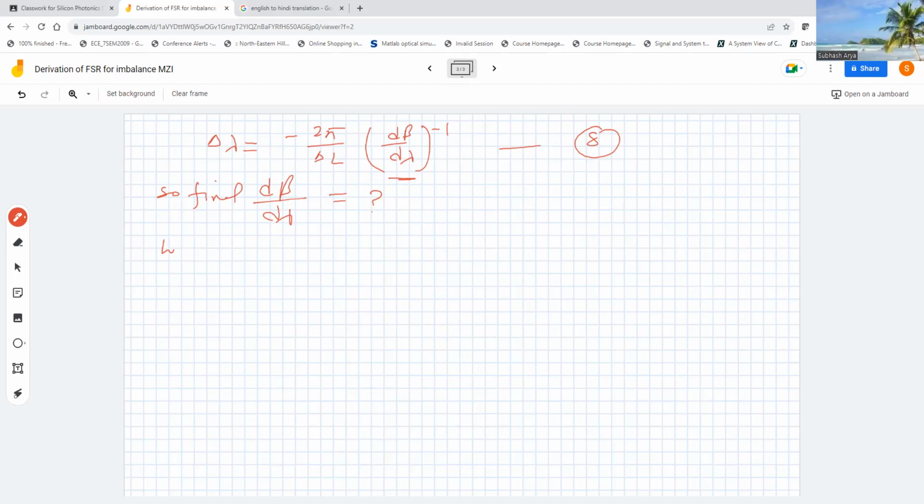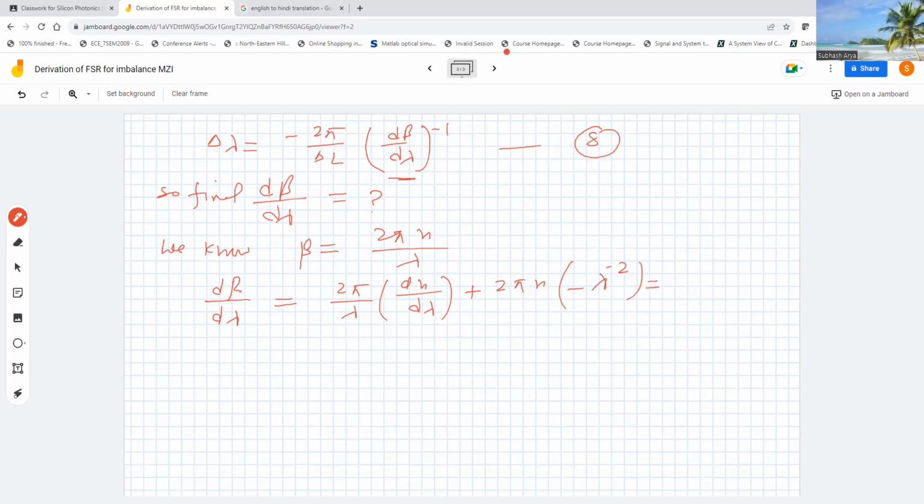We know beta is equal to 2 pi n by lambda, and hence the rate of change of beta with respect to lambda will be written as: 2 pi by lambda is constant, and we have to find dn by d lambda, plus, this is the derivative of n with respect to lambda, plus now second, 2 pi n into the derivative of 1 by lambda. So it will be minus lambda to the power minus 2.